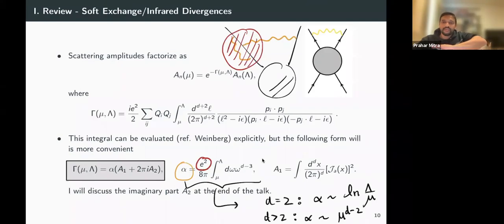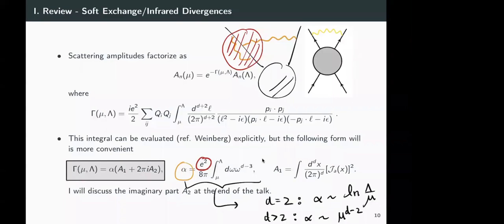I'm assuming that you've completely UV renormalized the theory, and you might have to introduce a UV cutoff for that. Let's assume we have done that. Everything I'm working with are the renormalized coupling constants, renormalized fields and propagators and whatnot. And now I'm trying to understand the low energy structure of this renormalized theory. Okay.